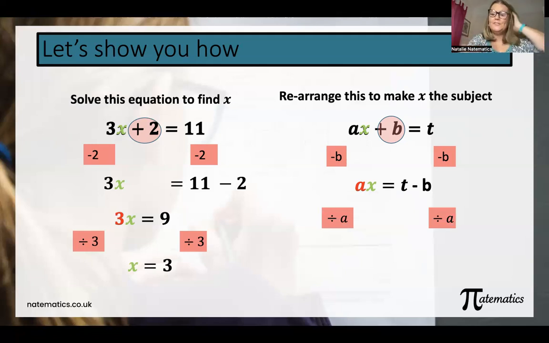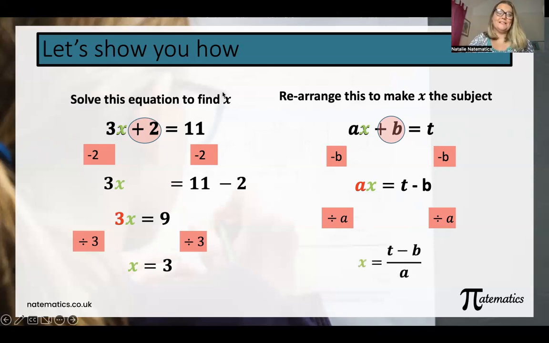This is a really important thing here, especially when you've got a little expression on the right hand side. So yes, the whole thing is an equation, but you've got t minus b. When we divide ax by a, they cancel and it becomes x. On the right hand side, you are dividing that whole expression, t minus b.